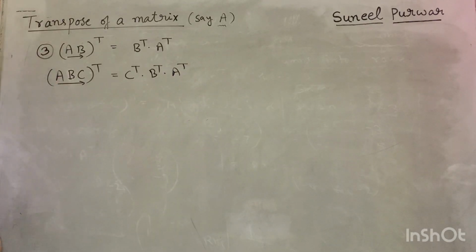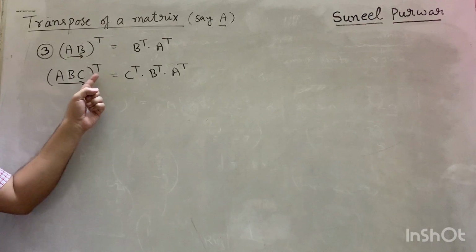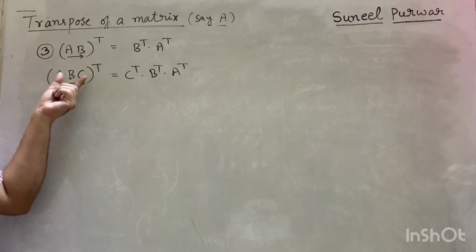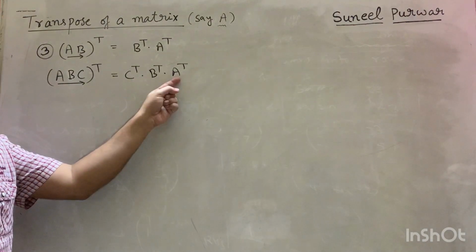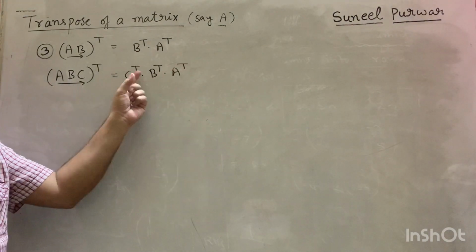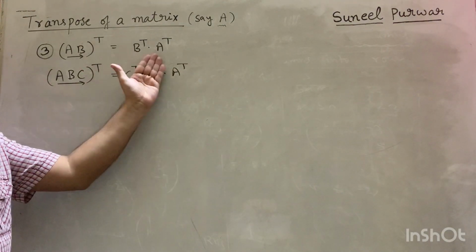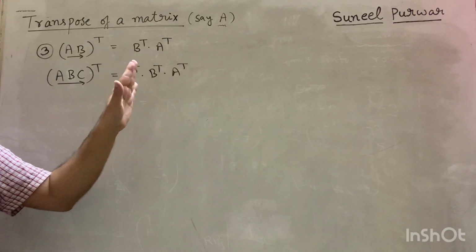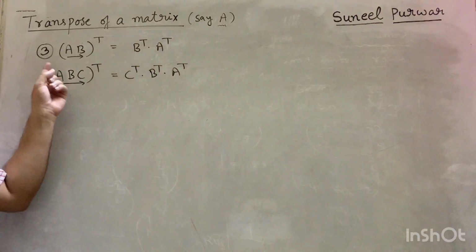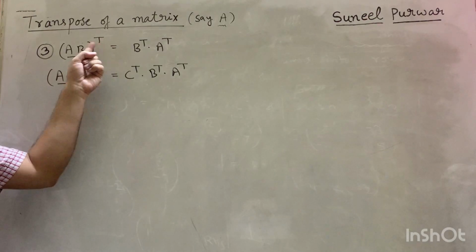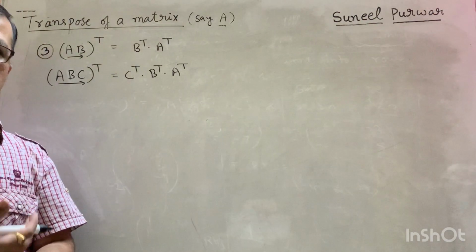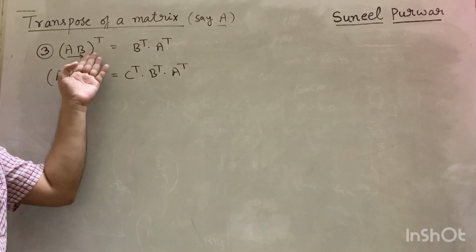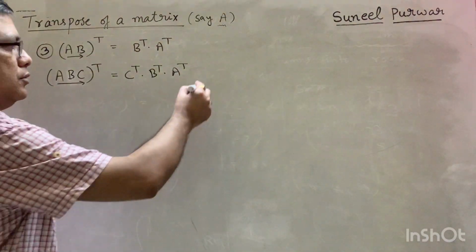So this property can be pronounced in a very good way as transpose of the product is equal to product of the transposes, but in the reverse order. So order gets reversed whenever you are writing transpose of the product there. And the property can be generalized for more than two matrices as well, as I have shown you, and so on.